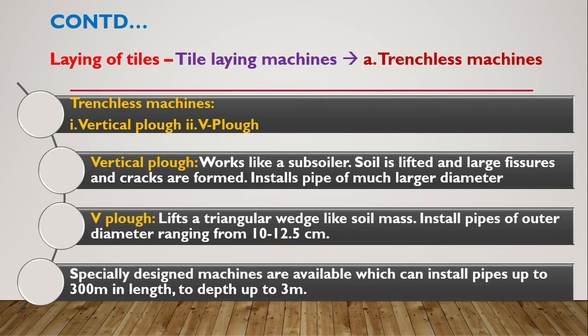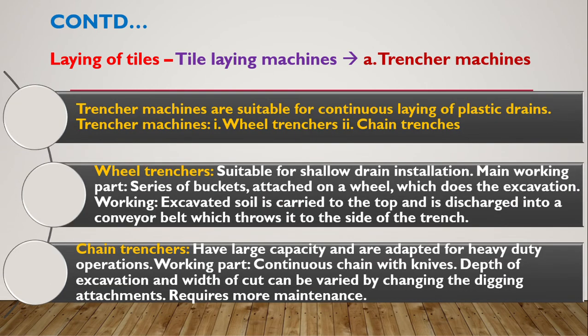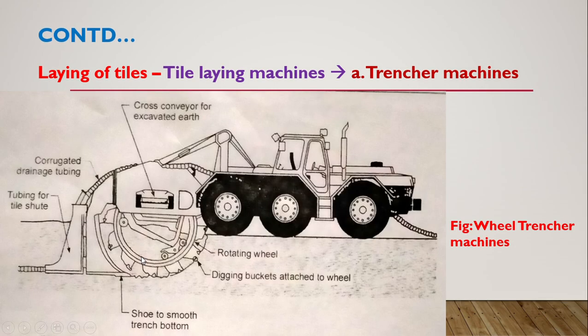Okay. But in the case of trencher machines, what we are doing is we will first make a trench. In this case, there are two types, wheel trenchers and chain trenchers. I'll show you the figure of them. So first trencher machine is wheel trencher. Here you can say that it has a wheel. The wheel has a number of buckets. So these buckets are used for digging a trench and removing the soil.